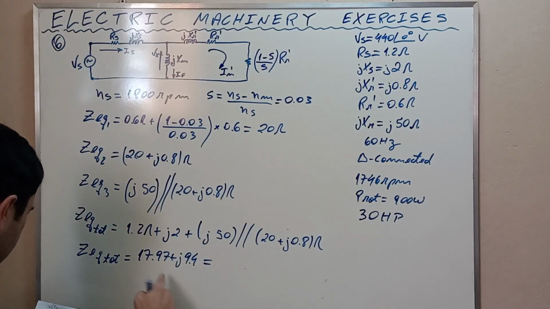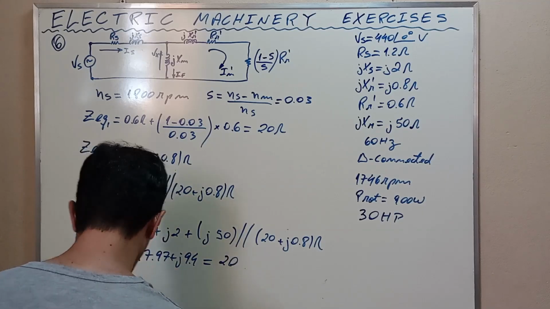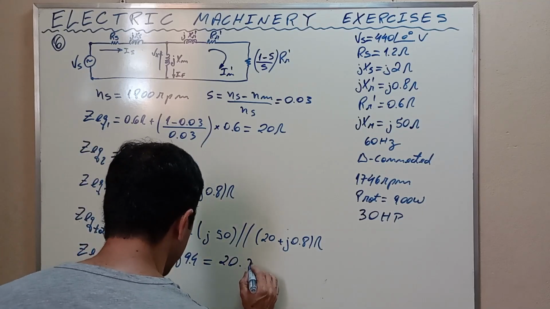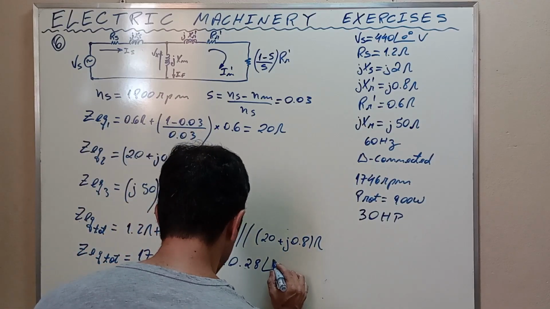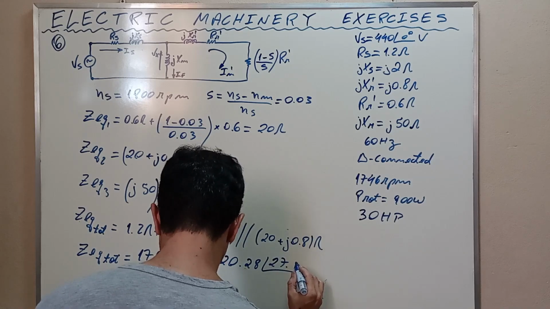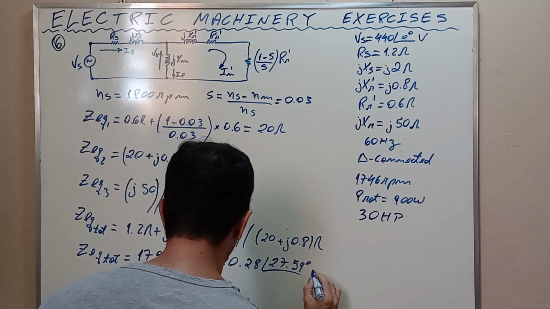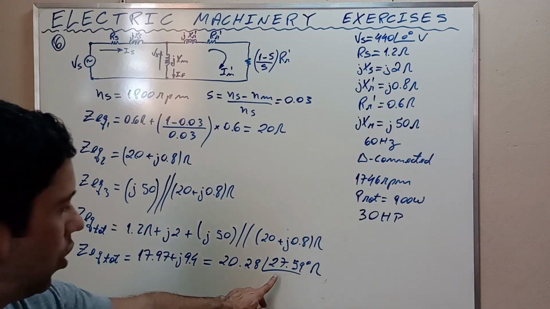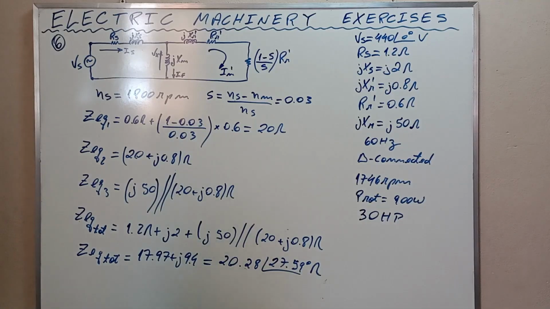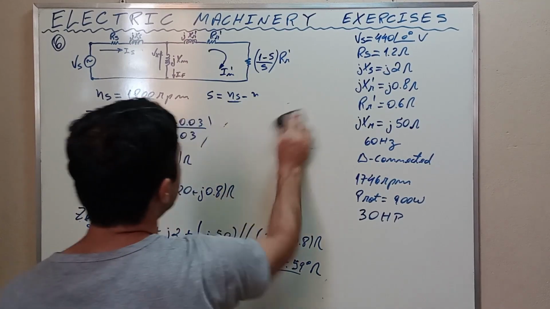We are going to transform it to polar, and in polar it is 20.28 at a phase angle of 27.59 degrees ohms. All right, we calculated this because we need it, especially the angle. We're going to need to work with this angle. Okay, I'm going to clean the board because I'm going to need some room for more calculation. Just wait a minute.